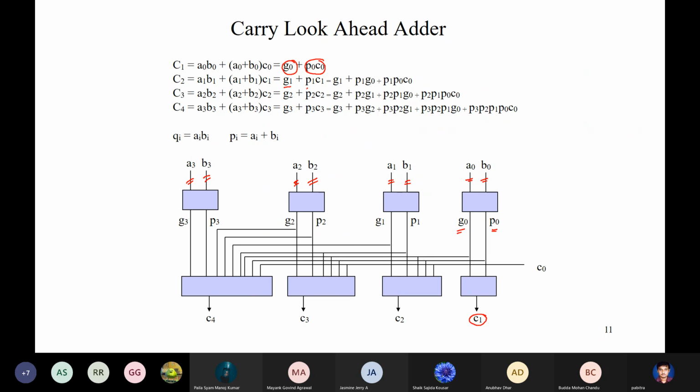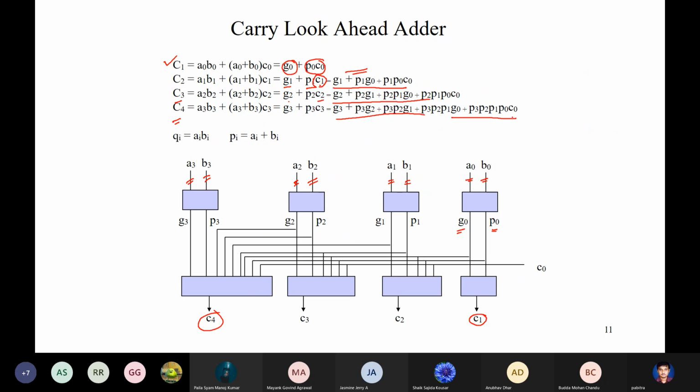C2 is G1 plus P1 C1, but C1 is G0 plus P0 C0, so if you substitute C1 with this value, you get this expansion. Similarly, C3 is G2 plus P2 C2; if I substitute C2 with this quantity, I get a similarly larger expression. Finally, C4, the carry out of the fourth stage, if we do this substitution, comes out to be this.